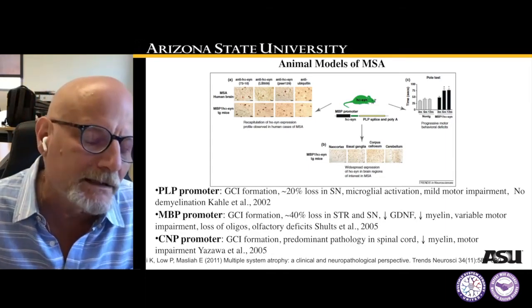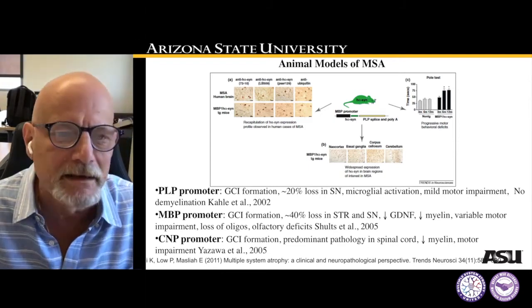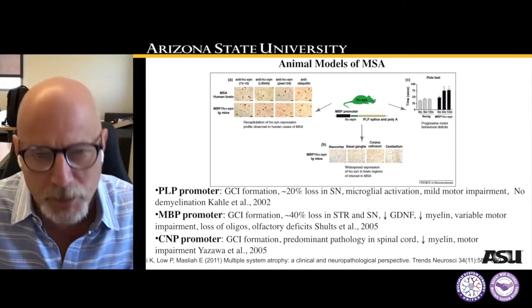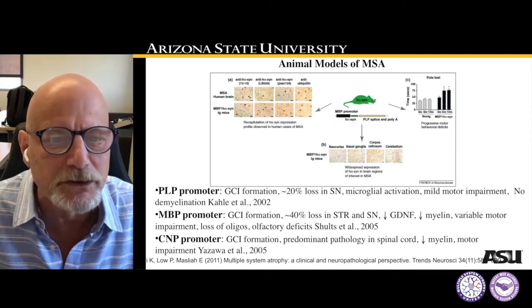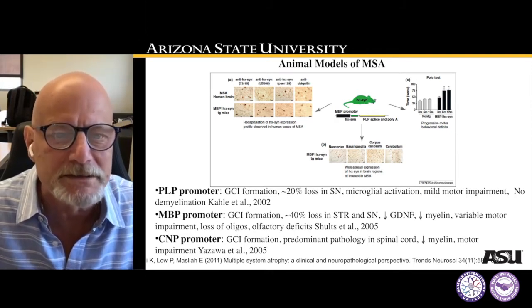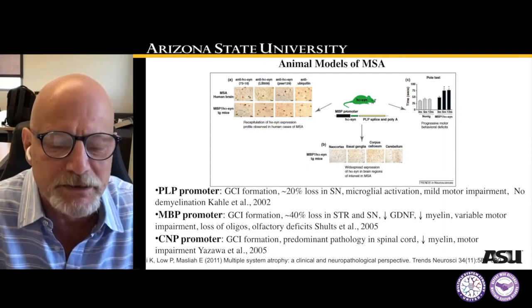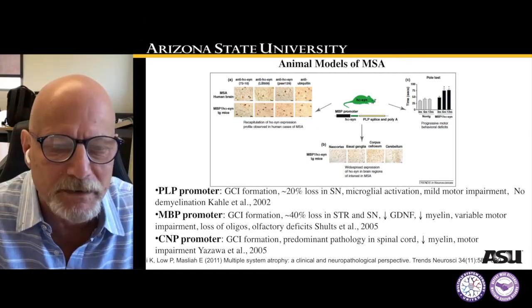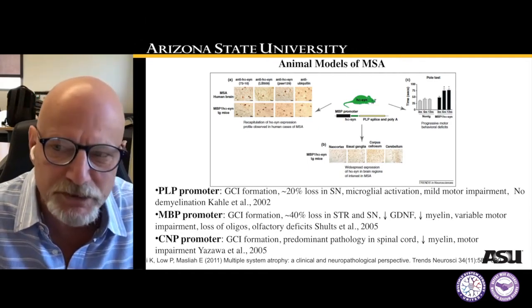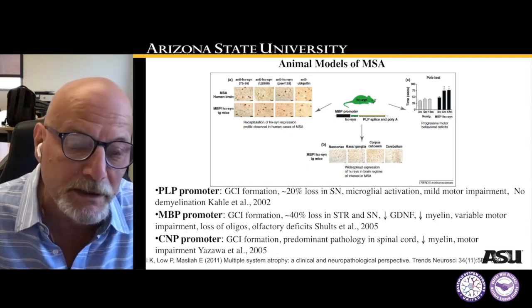What is unlike human MSA is that these GCIs are found everywhere, and there's more regional expression in human MSA, but this is not something that's been really addressed that much in the animal models. And as we improve these models, maybe more regional expression for cell loss will be obtained.